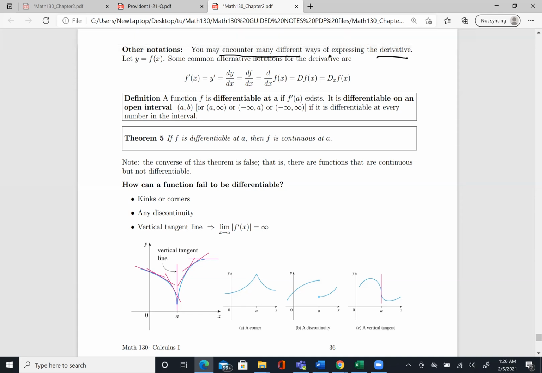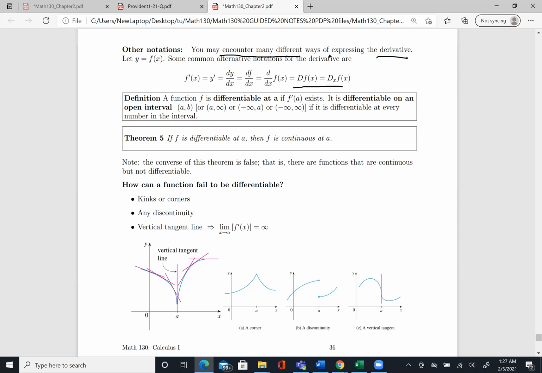Some common alternate notations for the derivative are y derivative, also dy over dx, also f derivative of x, or df over dx, and also d over dx multiplied with f of x.